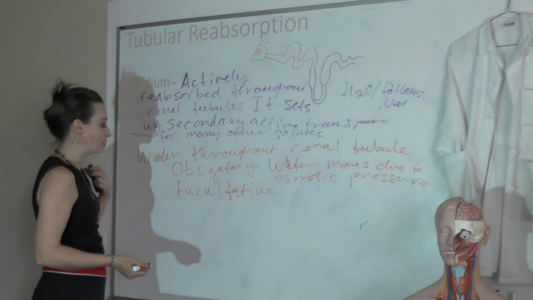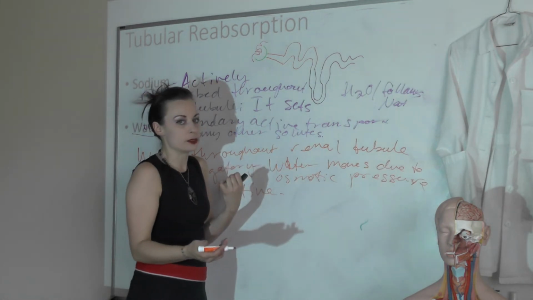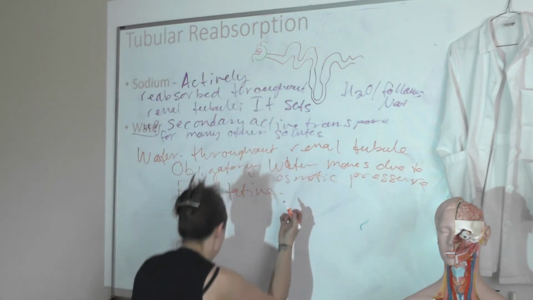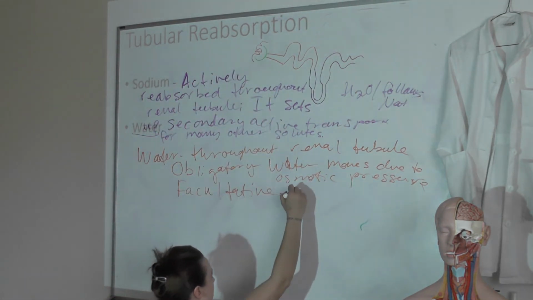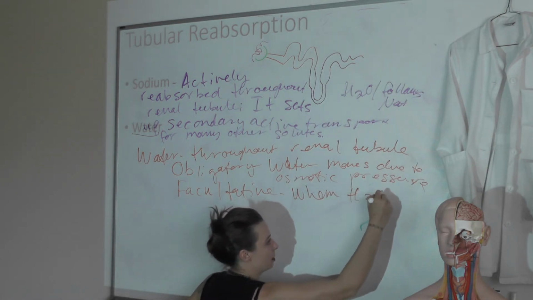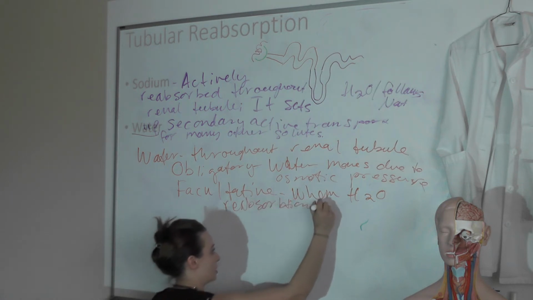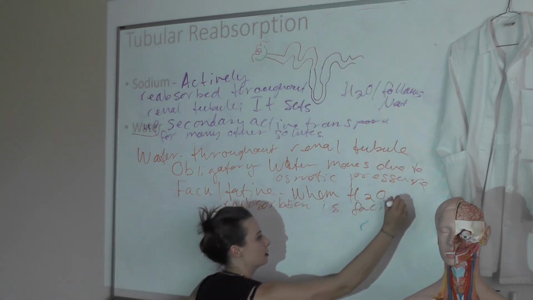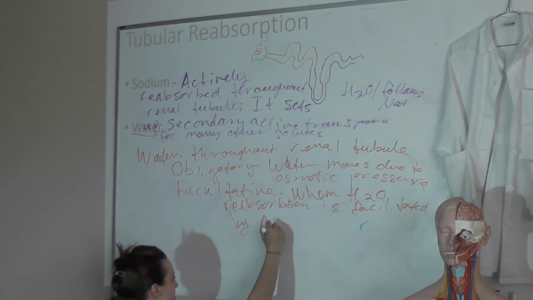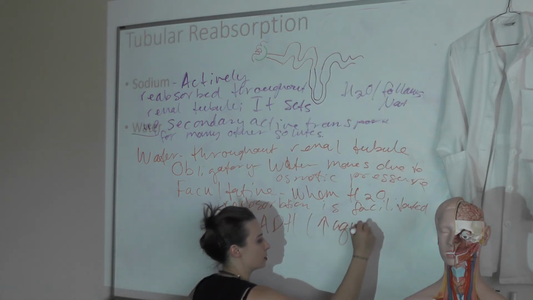And then our facultative reabsorption is going to be when we facilitate the movement of water by doing something like increasing aquaporins by adding antidiuretic hormone. So facultative is when water reabsorption is facilitated by antidiuretic hormone. And what this is going to do is increase these water transporters called aquaporins.